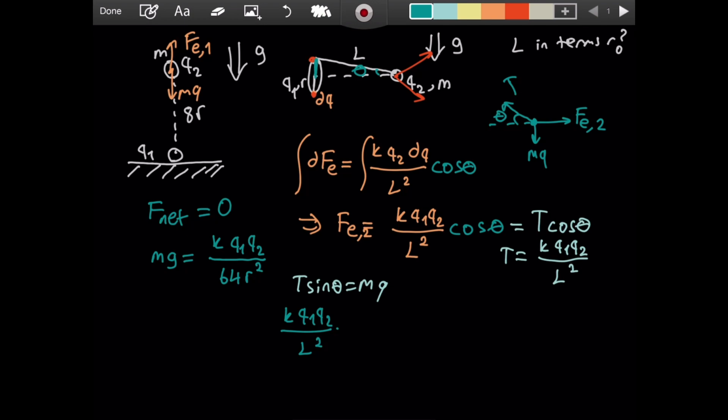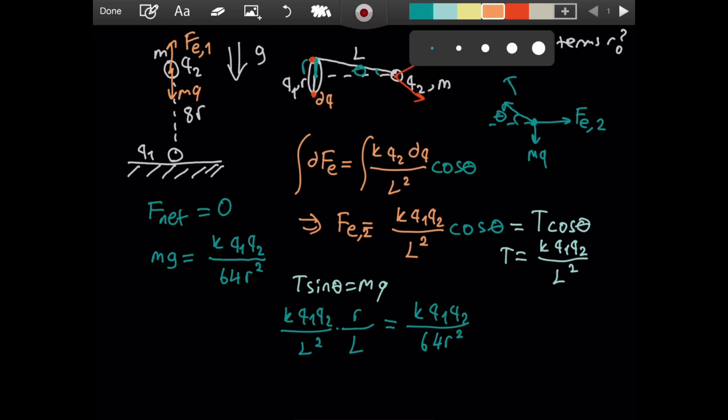Well, here is R, here is 90 degrees, here is L. So sine of theta is R over L, right? Just look at this right triangle. Sine of theta is opposite over hypotenuse, so it is R over L. And this equals mg right here. So K, Q1, Q2 divided by 64R squared.